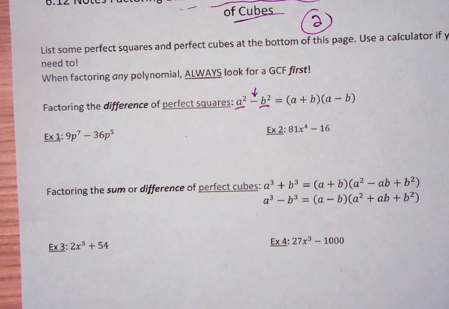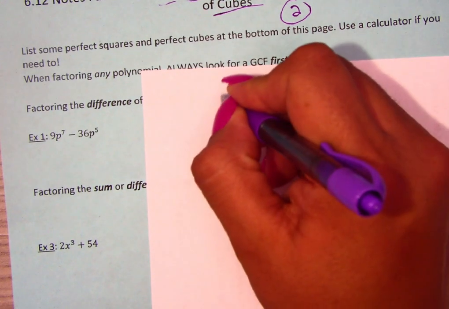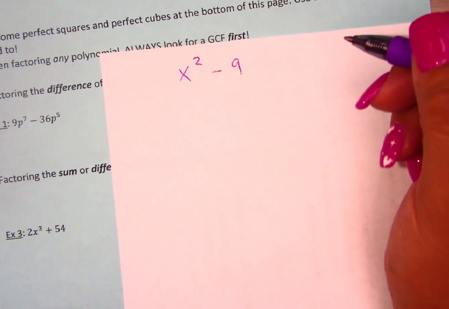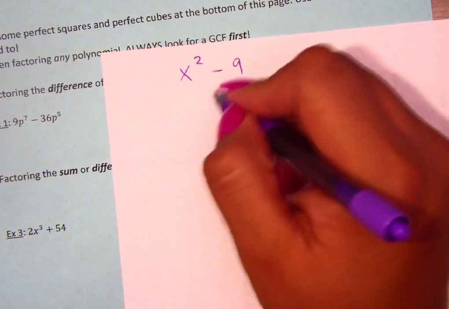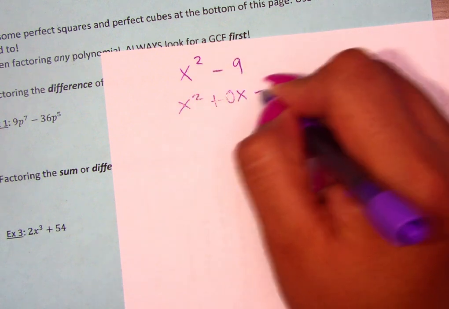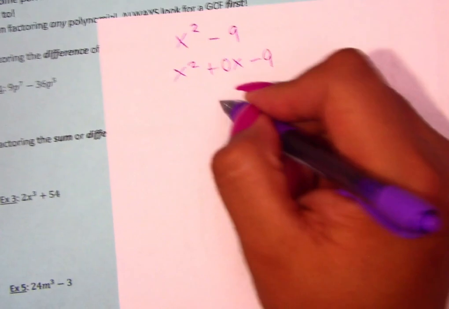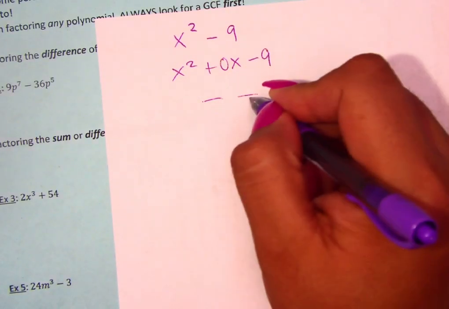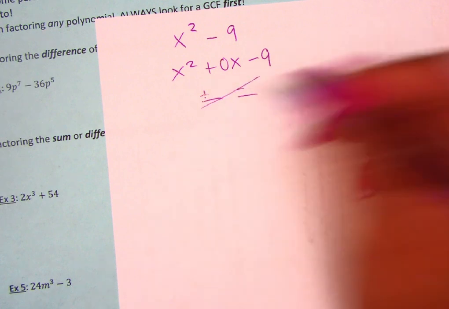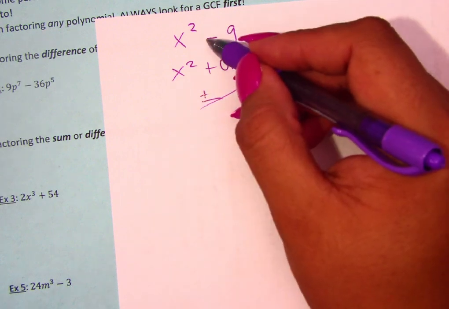I'm going to go over two examples real quick, but first I want to go over an example at the Algebra 1 level, because you saw this in Algebra 1. You may have seen something like this. It's technically a trinomial that has a 0x, a 0 b value. When that is 0, it means you combined two numbers that were the same, a positive and a negative, and they cancel each other. That's why there's no middle term.